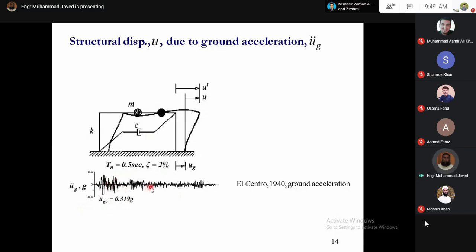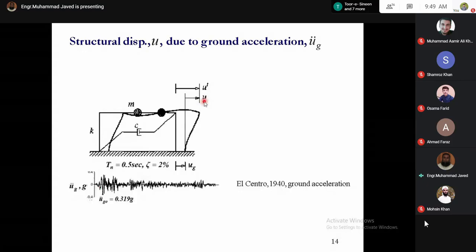For that purpose, as I told, we will perform numerical integration, which is not possible without a powerful computer. And if we develop software or use already developed software, we can find the variation of structural displacement with time, which is shown here.